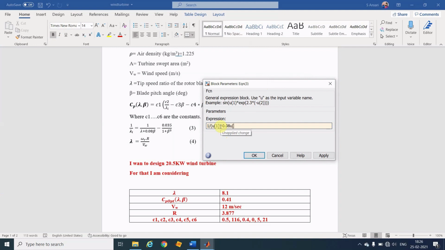So I will consider that as signal 2, u2, close the bracket, minus, minus 0.035 divided by, again, 1 plus beta cube, that is u2 I have taken as beta to the power 3, close the bracket. Okay, so hope it is correct, no issue.